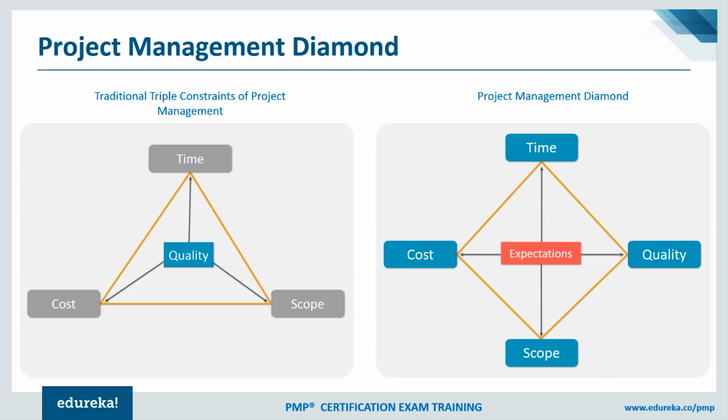If any of these constraints are not achieved, then obviously your customers will not be happy, and therefore it's important to look at customer satisfaction as one of the constraints. So if you ask me how effective a project manager is, I would rather see how effectively the project manager is managing the constraints of the project, based on which the effectiveness of the project manager would easily be determined.